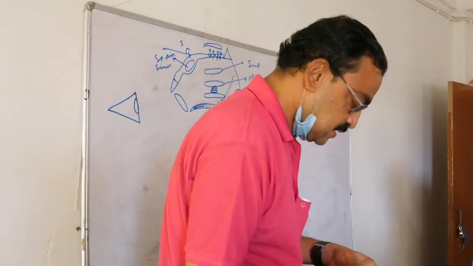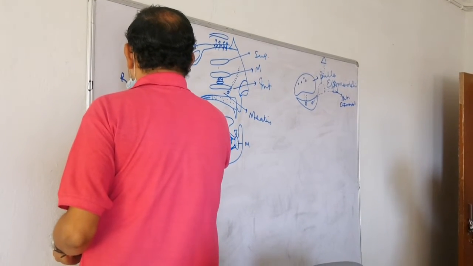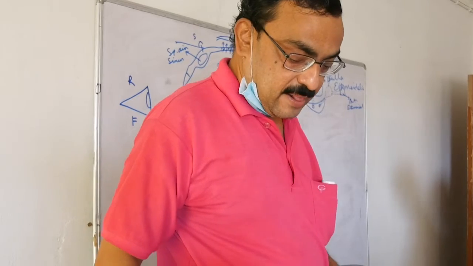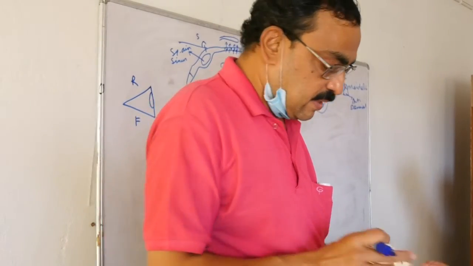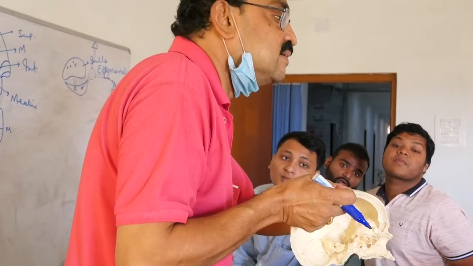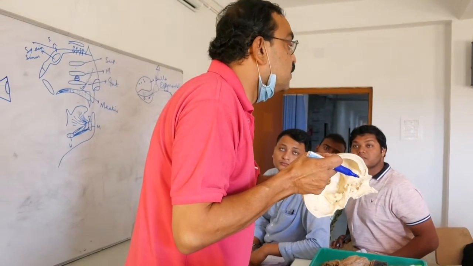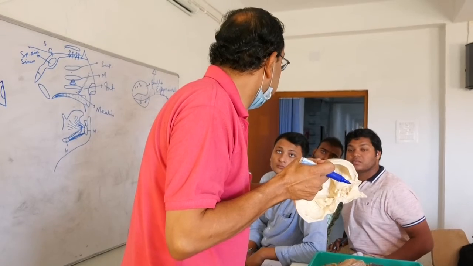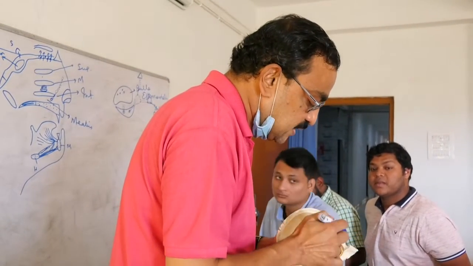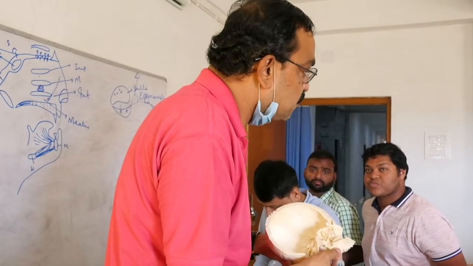And it has a roof and it has a floor. The roof is formed by the orbital plate, which is formed by the maxilla. And the floor, we can find, is by the alveolar process.